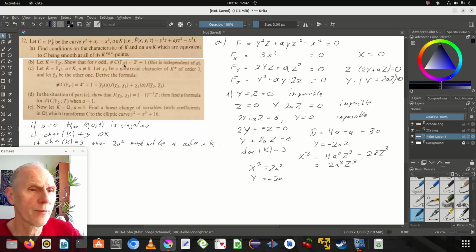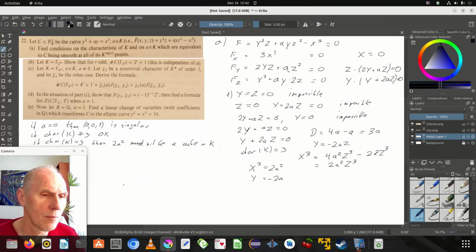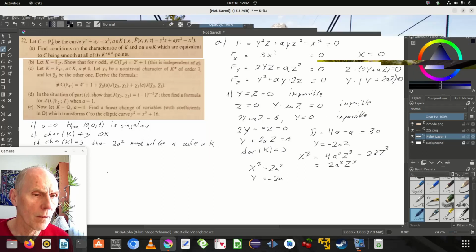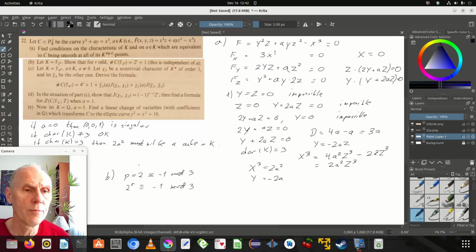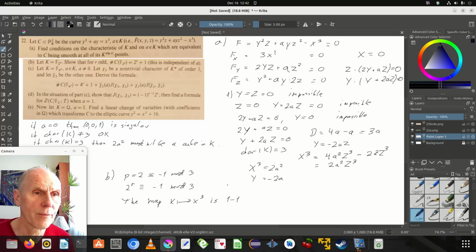So 2 to the rth. Because r is odd, and therefore it is 1-to-1.